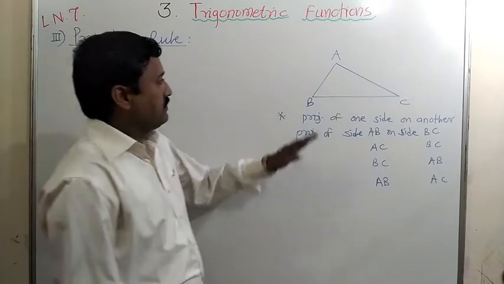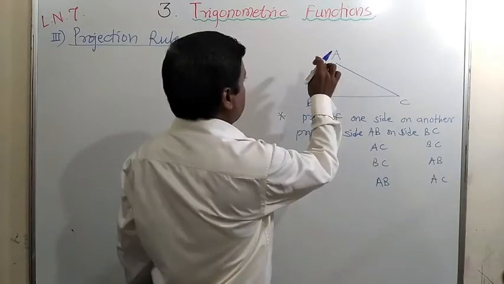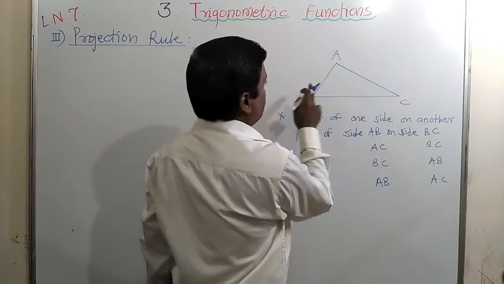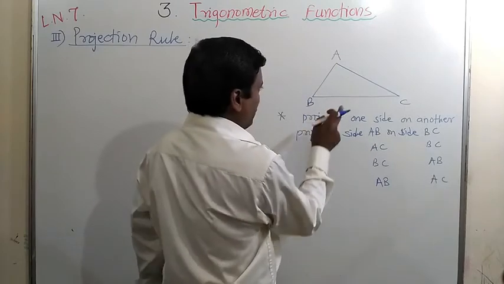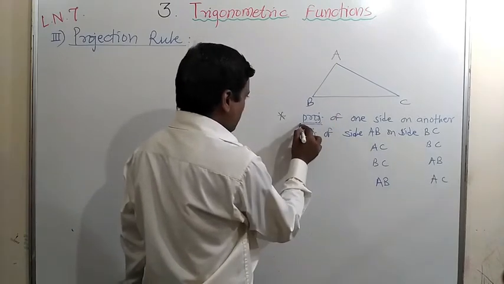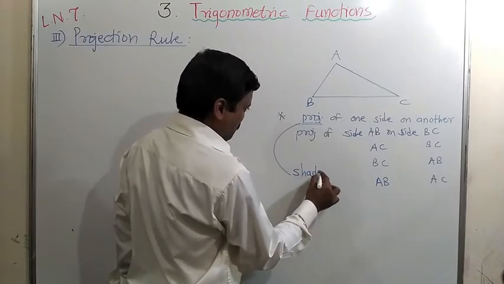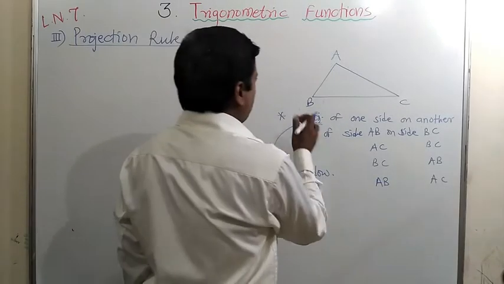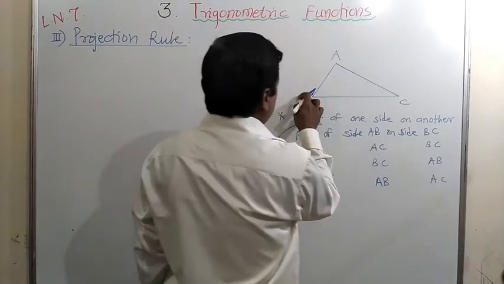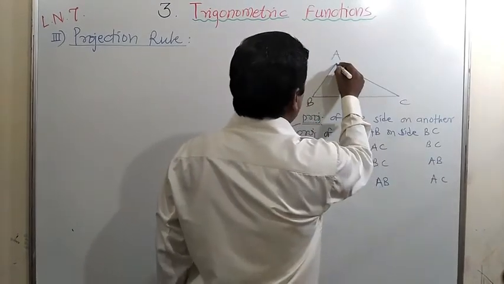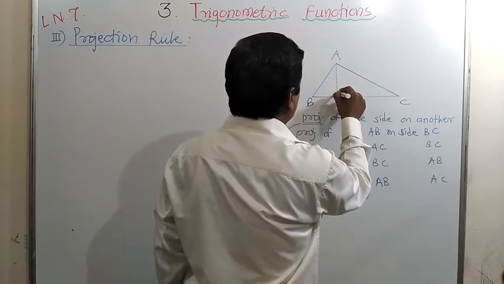For example, let us first find the projection of side AB on side BC. This projection is nothing but, in simple words, a shadow. The shadow of AB on side BC can be obtained by drawing a perpendicular on it.